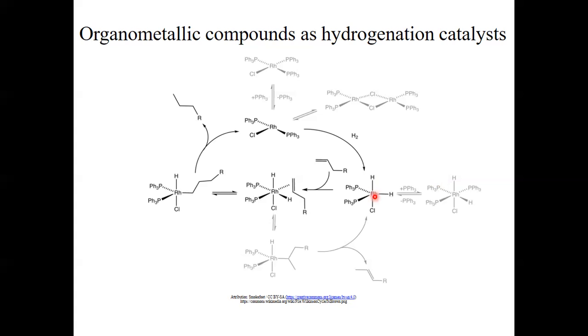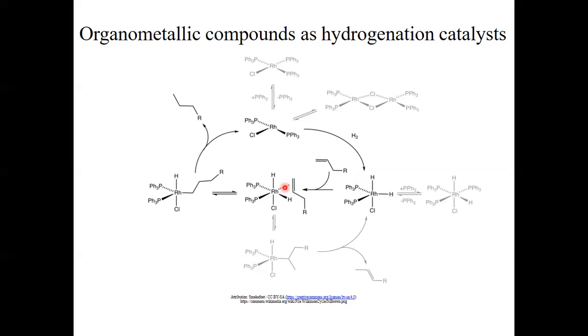So now in the next step, this species here can add an alkene, as shown here. Okay, and that alkene simply adds to the complex, just increasing the coordination number from 5 to 6, so the olefin binds side on to the rhodium.